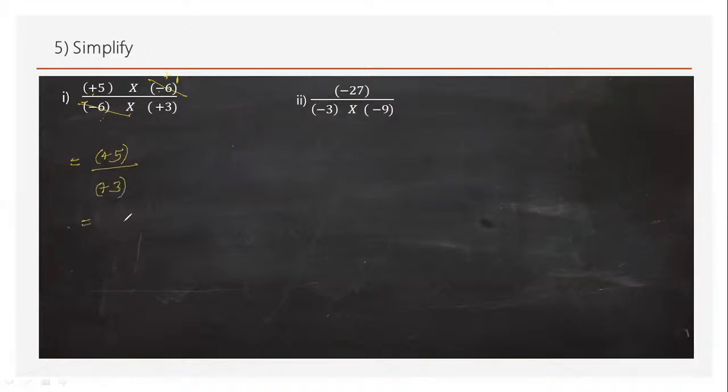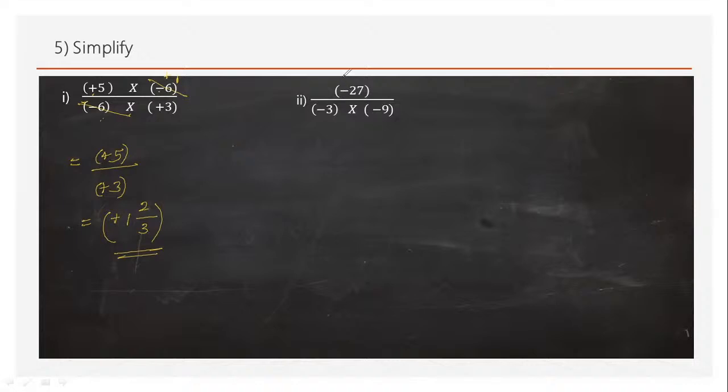So answer is plus 5 over 3, how many threes? 1, 2 remainder, 2 third. 1 and 2 third. Now look at this one here. You can cancel over the line and below the line. Over the line minus 27, below the line minus 9.